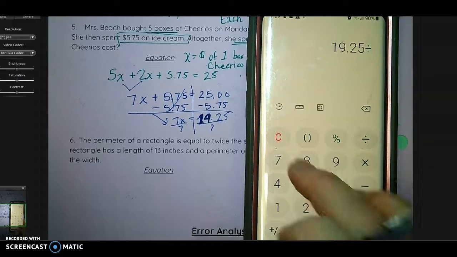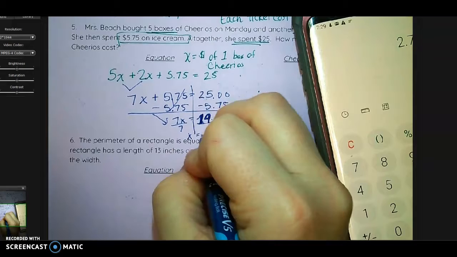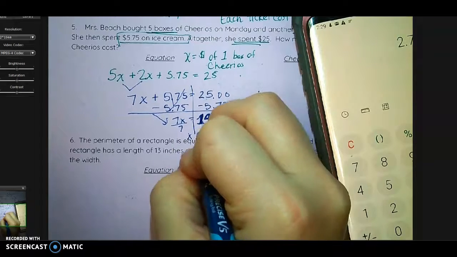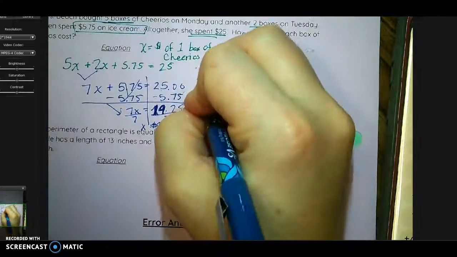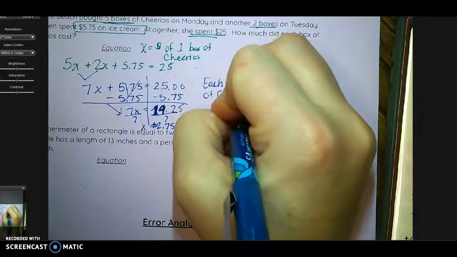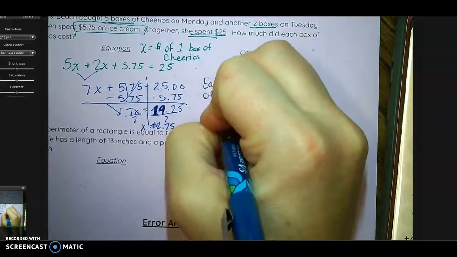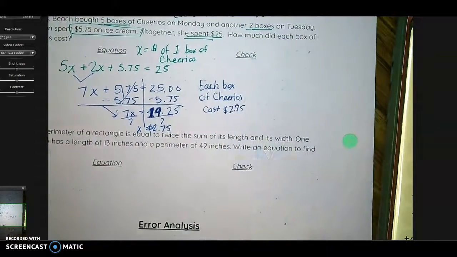And then I'm going to divide that by 7. So this one did not involve the distributive property and involved combining like terms. So each box of Cheerios cost $2.75.